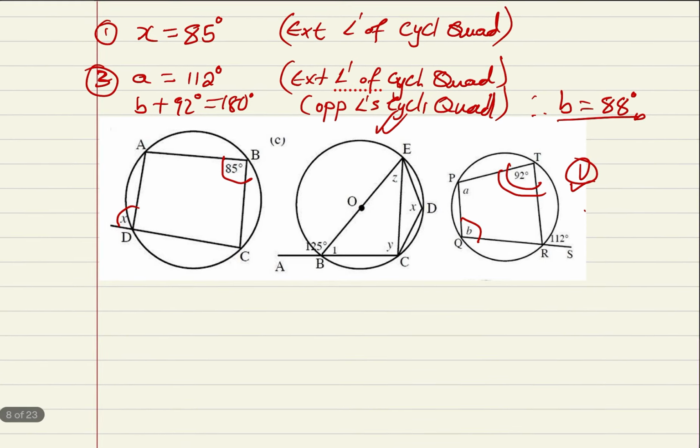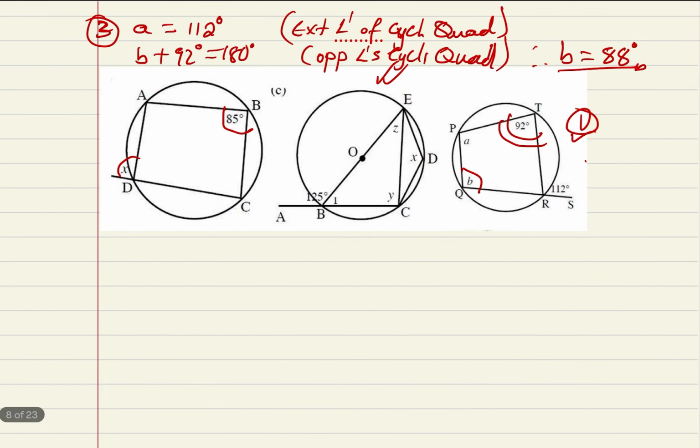Now let me jump and do number B, which was number 2. This is very interesting, guys. Let's deal with it. Okay, step number 1 on number B, we can see that we have a diameter here. BE is a diameter.